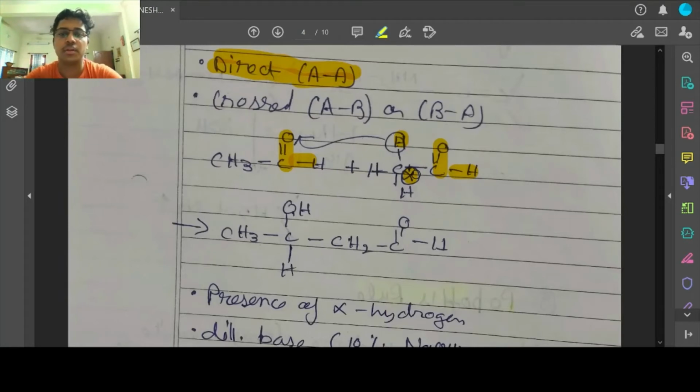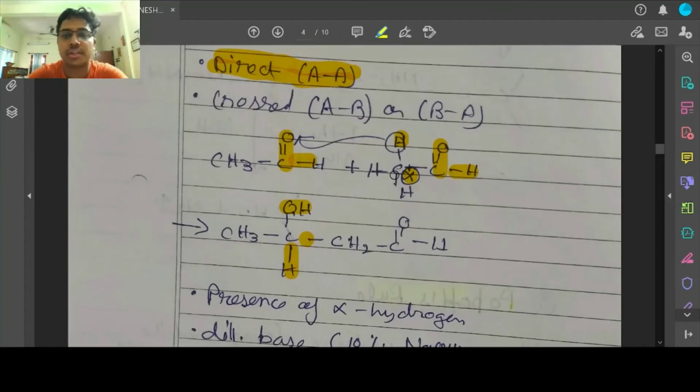This double bond is removed and a single bond is formed. I hope you get it. This hydrogen remains intact, and one single bond is formed between these two compounds.